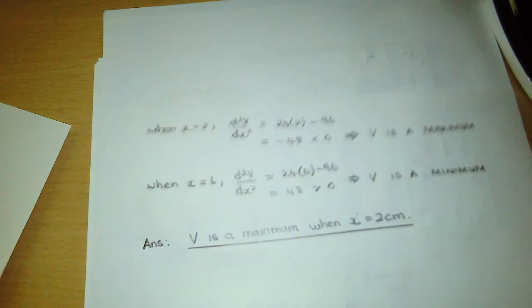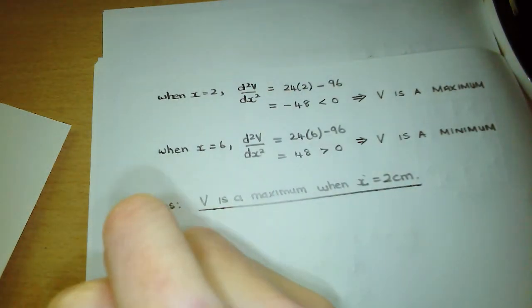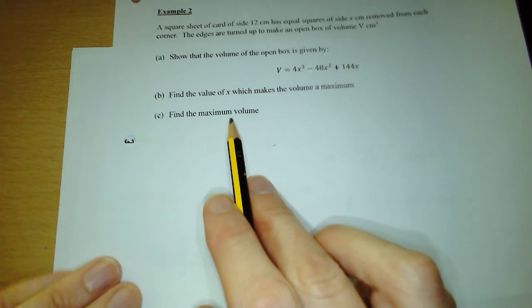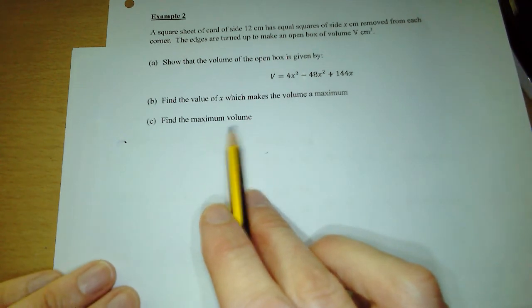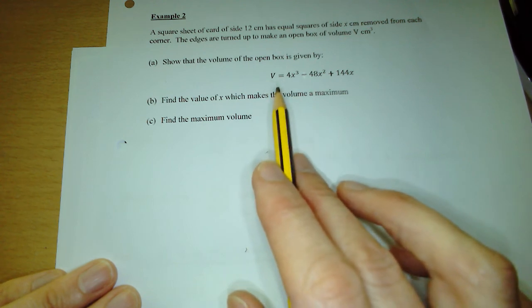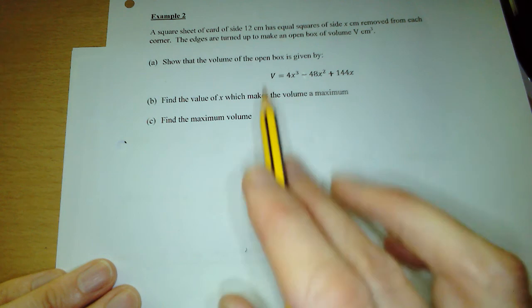Okay, part C. So part C says find the maximum volume. So we've already worked out the critical value of x that makes the volume a maximum. So all we do now is sub that value of x into the volume equation to get the maximum volume.